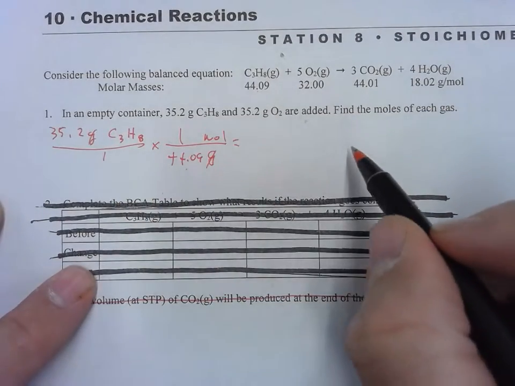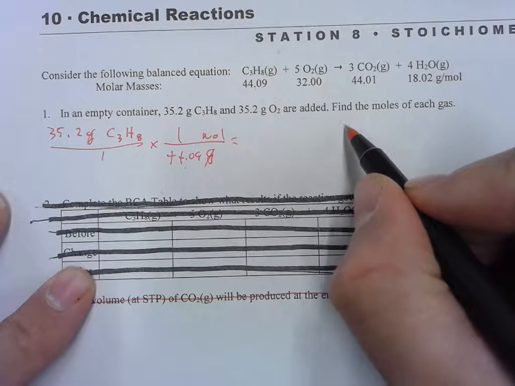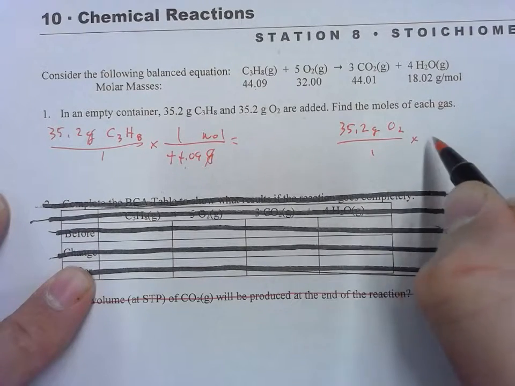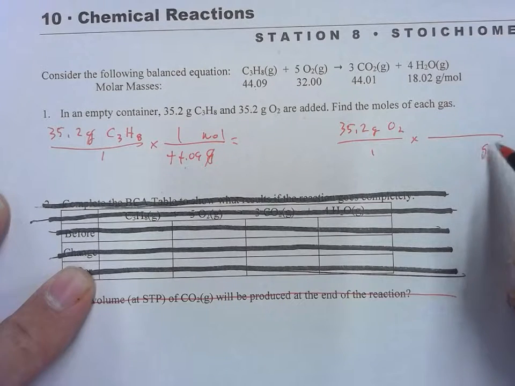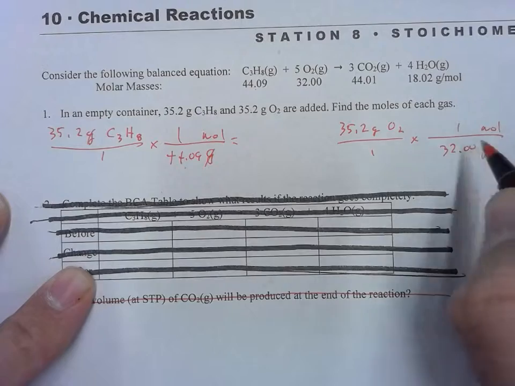I'll do the math here in a second. Let me go ahead and set up the other one. 35.2 grams O2 over 1, and molar mass of O2 grams per mole, 32.00.